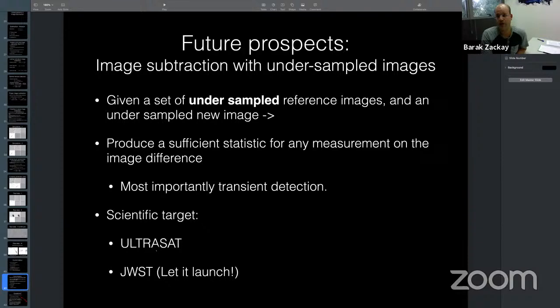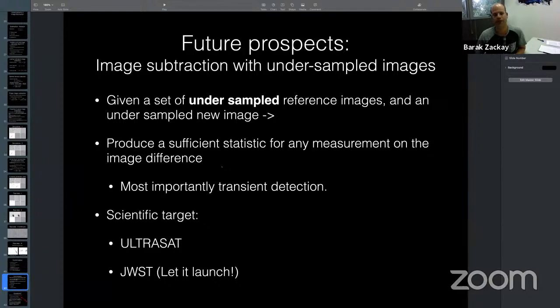It could very well be that you are at a very different orientation than the one in which you took the original reference images. Then you have to register the images, but in order to register the images, you need them to be well sampled, like Nyquist sampled. And this is not the choice that they took in the construction of the satellite.